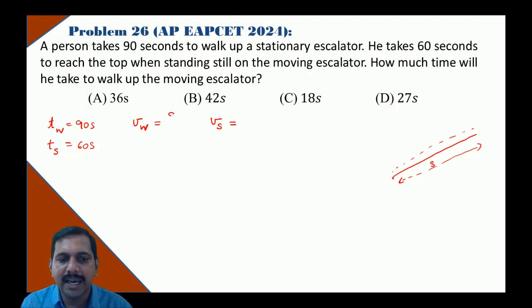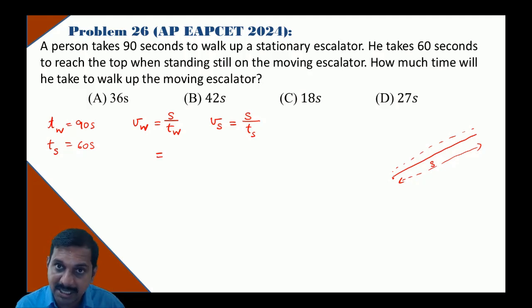So velocity is S by time. When he is walking with the escalator stationary, this would be T walk, which is 90. This is velocity Vw, and Vs when he is standing is S by 60.